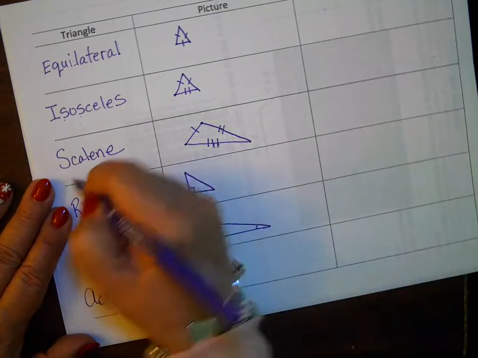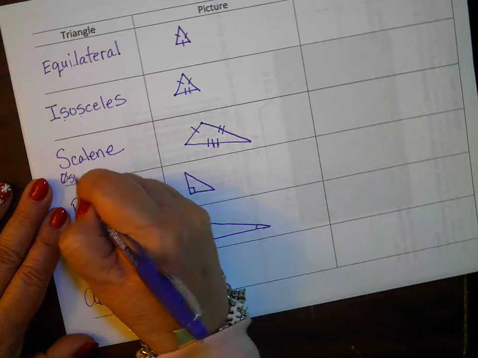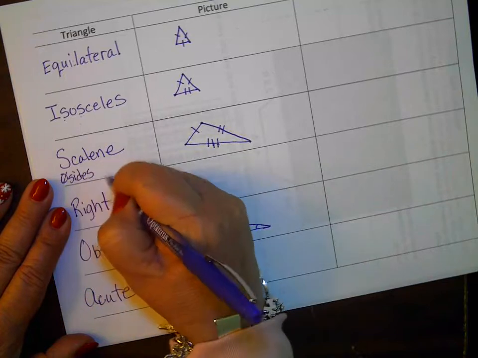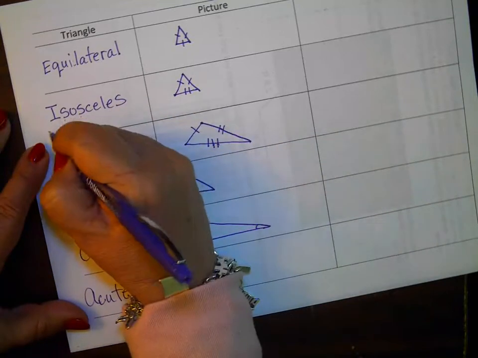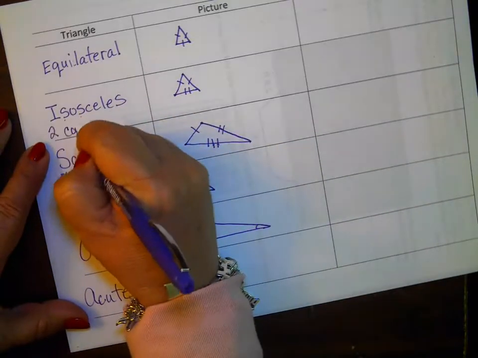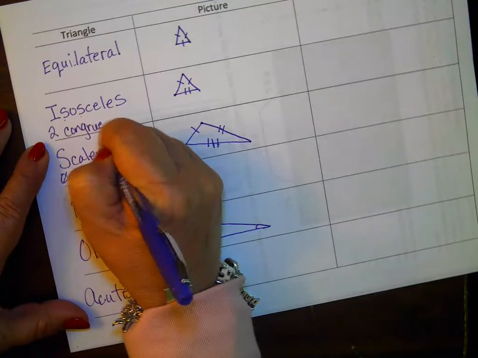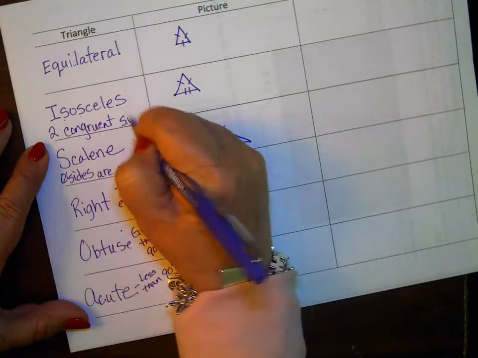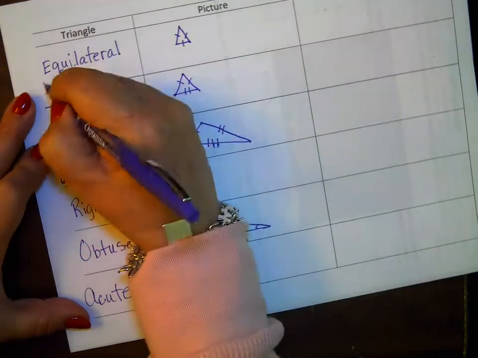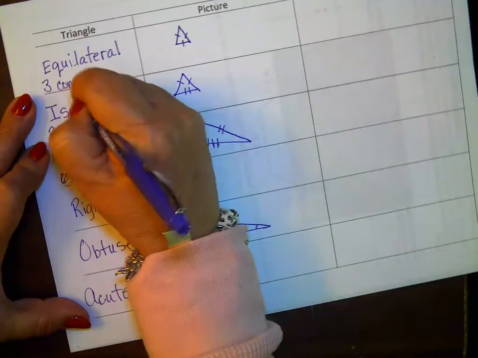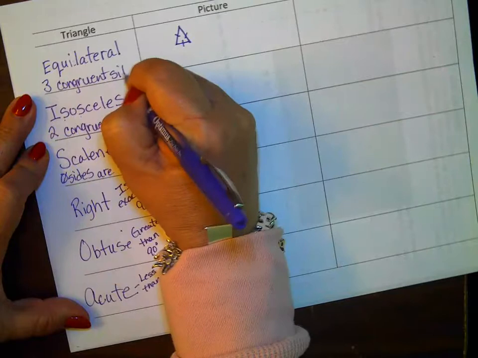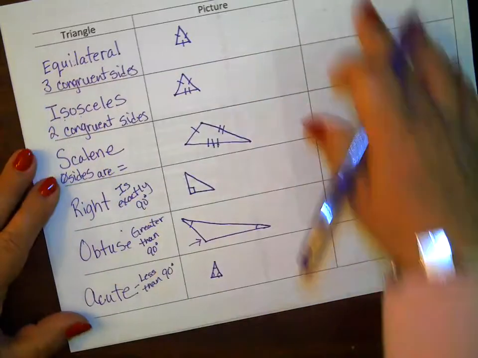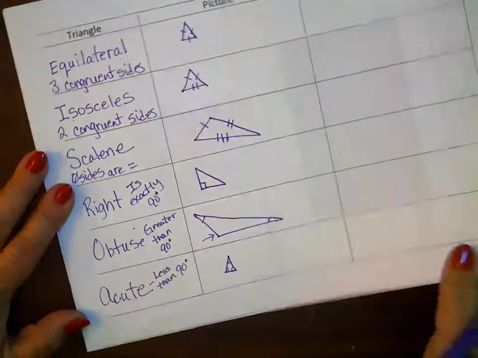A scalene has 0 sides equal. Isosceles has 2 congruent sides. Equilateral has 3 congruent sides. All sides are equal. And then you'll write down some of the attributes that you had in your notes we went over.